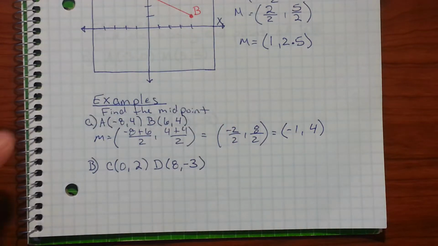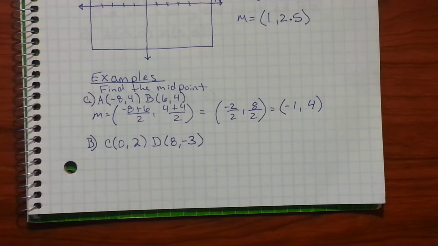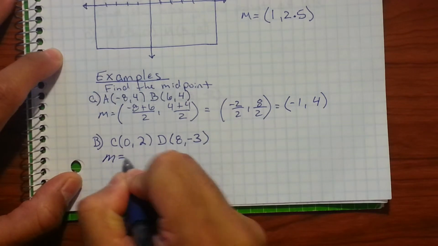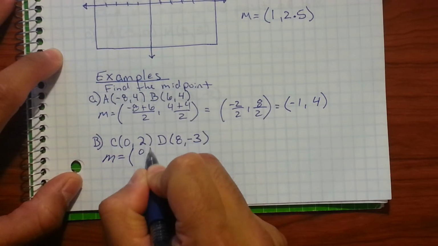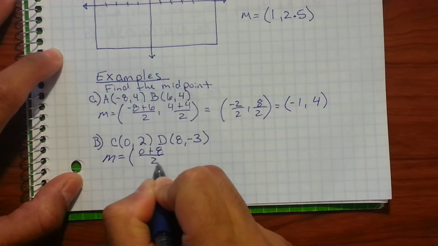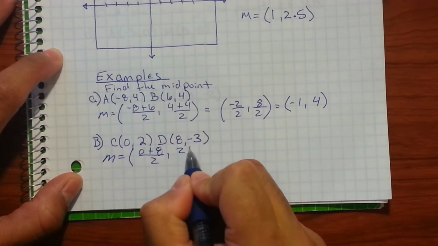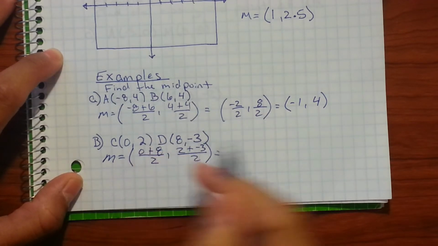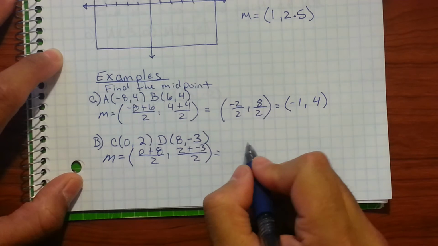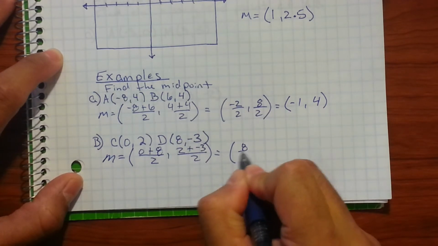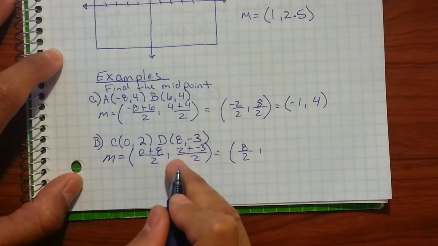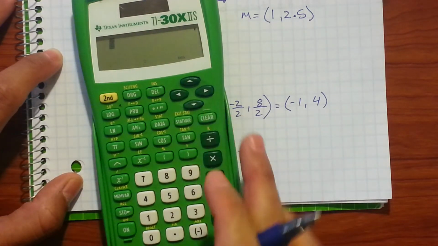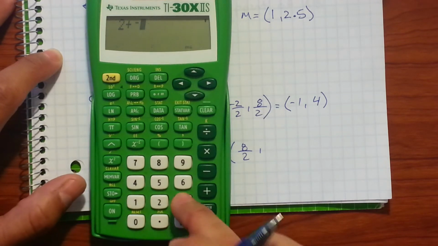Okay, now let's take a look at this next one. We're going to do the same thing. So m is equal to 0 plus 8 over 2, and 2 plus negative 3 over 2. 0 plus 8 gives me 8 over 2, comma, positive 2 plus negative 3.